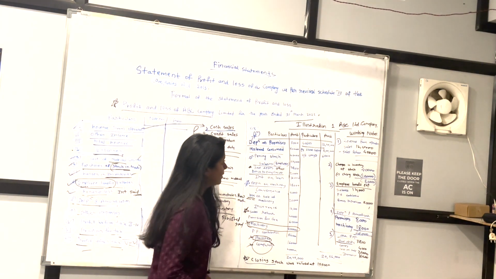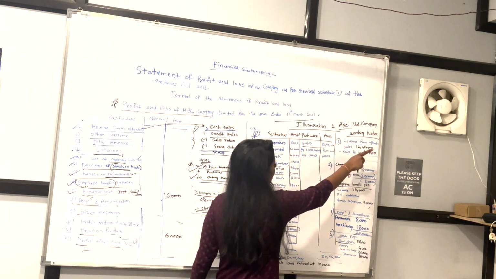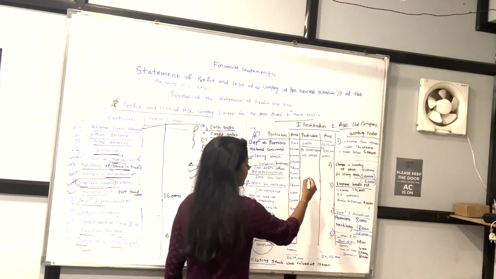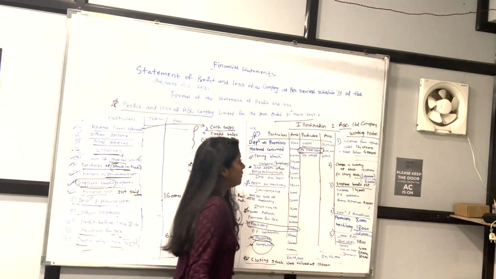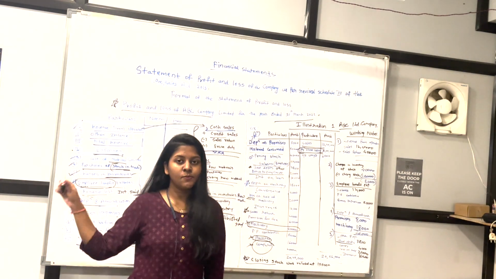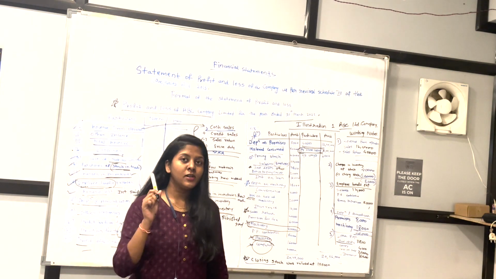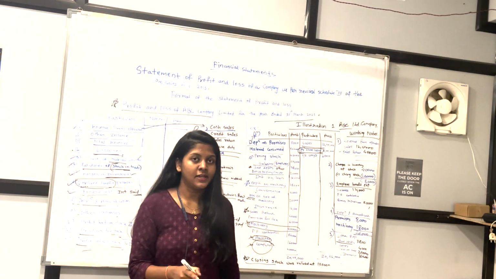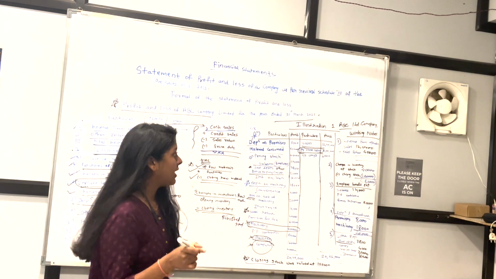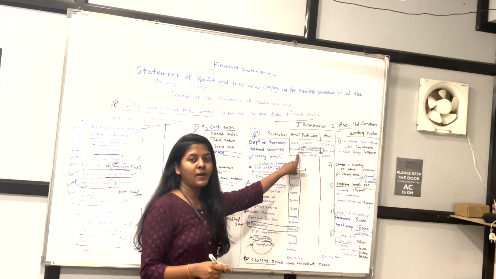Okay. Then next is your sales. This 12,40,000 we already took. Equity share capital. Will equity share capital come in profit and loss account? No, it will not, because equity, asset and liability, as I told you in the starting part, come in your balance sheet part.